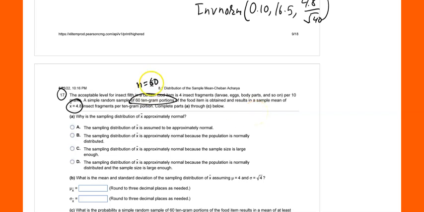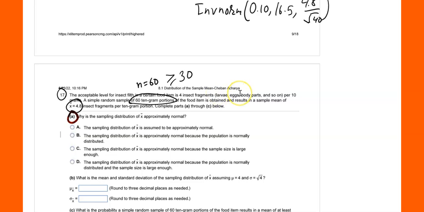What's the sample size? 60, which is large enough, right? Bigger than 30. The question asks why the sampling distribution of x bar is approximately normal. Because remember that the sample size is big enough. If we don't know the population distribution, or whether the population is normal or not, your sampling distribution is normal if the sample size is bigger than 30.